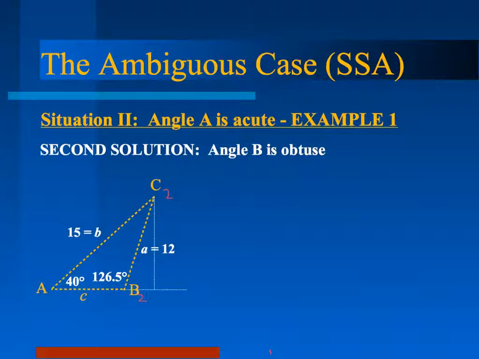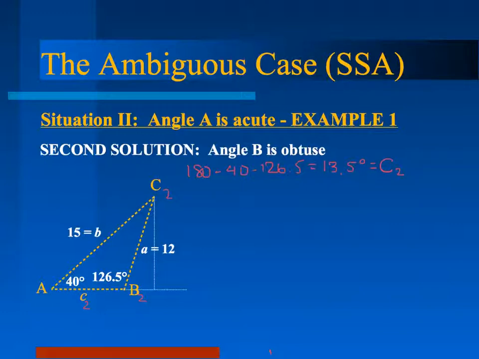Oh, little c2. I can go find little c2 pretty quickly. So 180 minus 40 minus 126.5, I find out that angle C2 is 13.5 degrees, and that's capital C2.